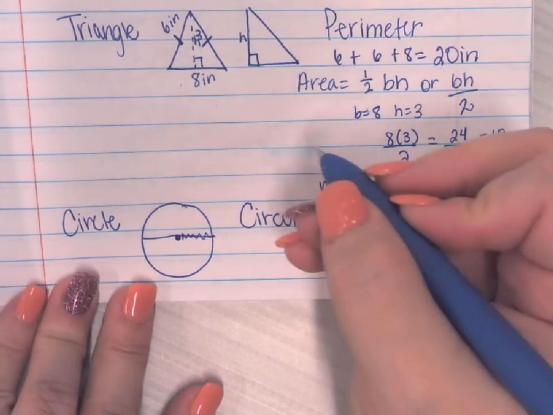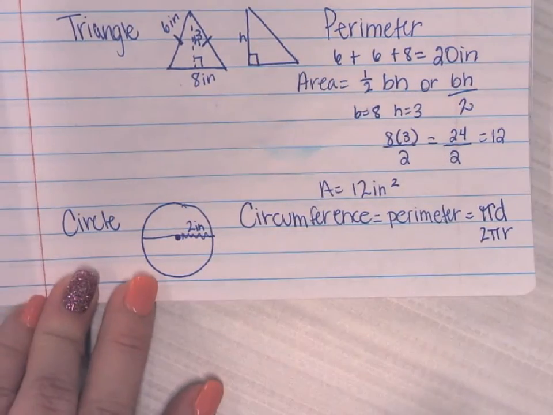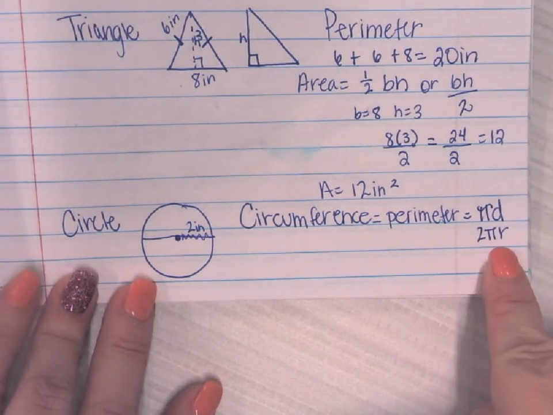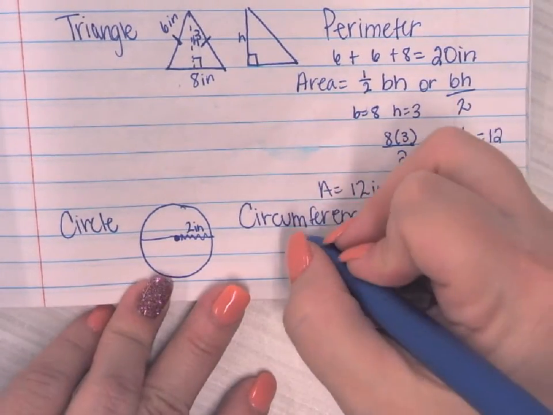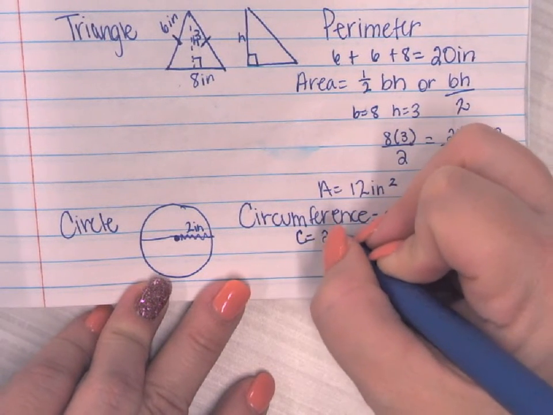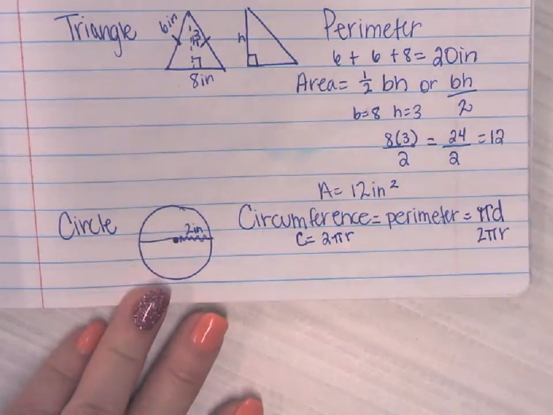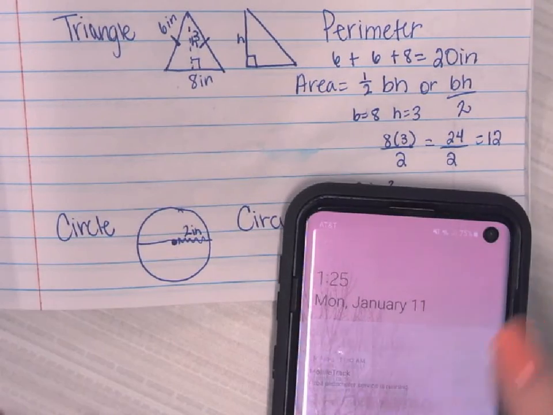So let's say that my radius is 2 inches. To find the perimeter, I have the radius, so I'm going to do the circumference is equal to 2 times pi times r. And you can just put that into your calculator.